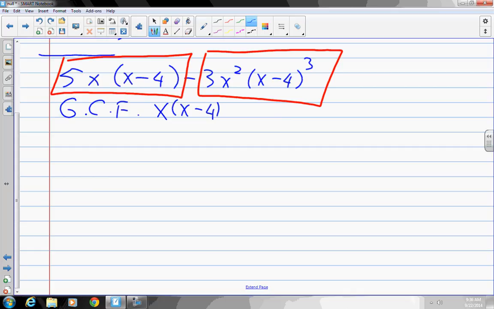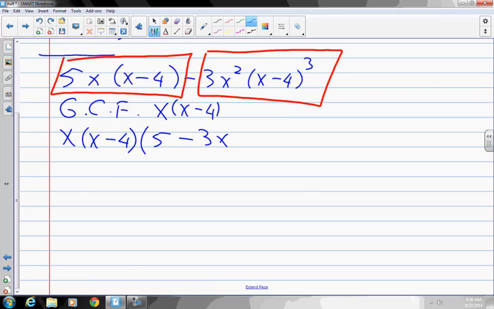So if I pull x times x minus 4 out, then what is left out of the first expression? 5. Then you follow the sign, minus, and what is left out of the second expression? 3x, right? You had x squared, you took x out.